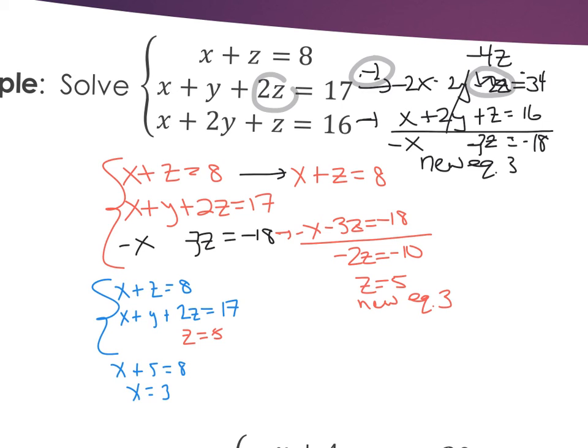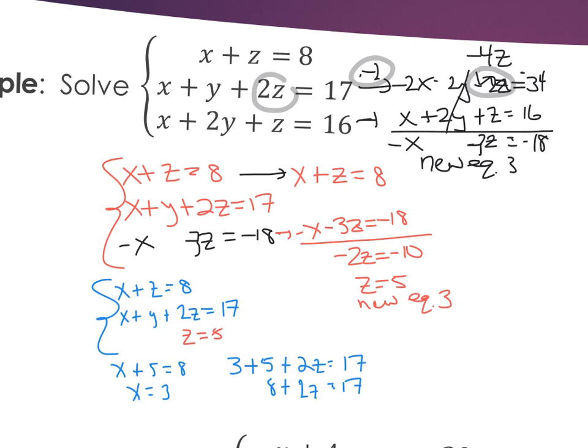And now we'll take x and z and put into equation 2. 3 plus 5 plus 2z equals 17. Let's see, 8 plus 2z equals 17. Or, where's my mistake?